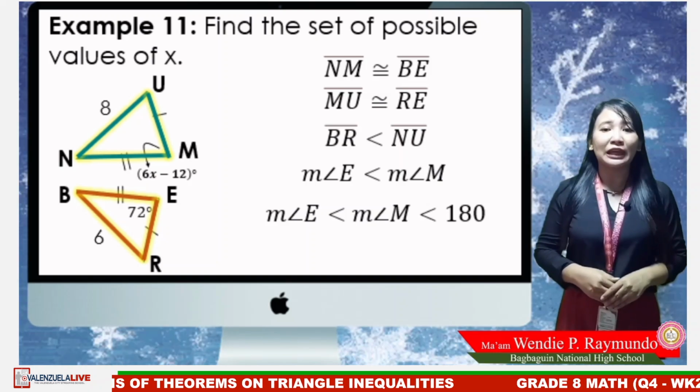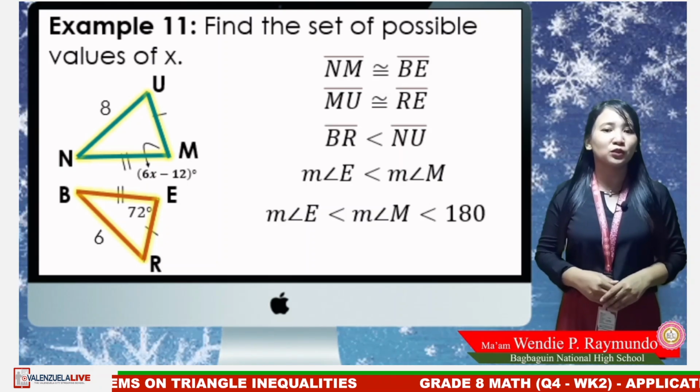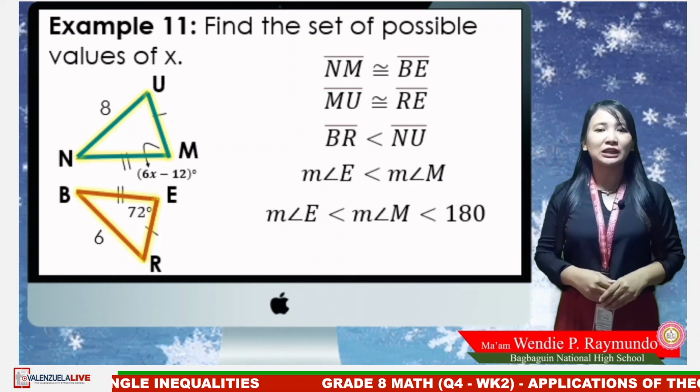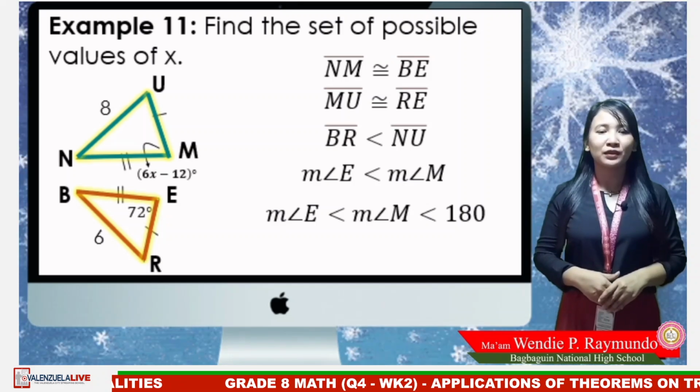The measure of angle M must be greater than the measure of angle E, which is 72 degrees, but less than the total value of the angles of a triangle, which is 180 degrees.